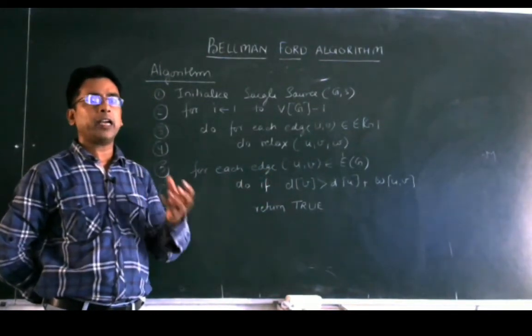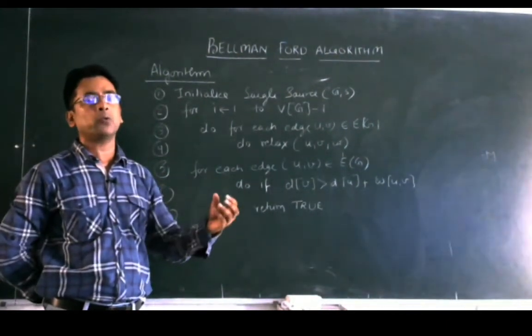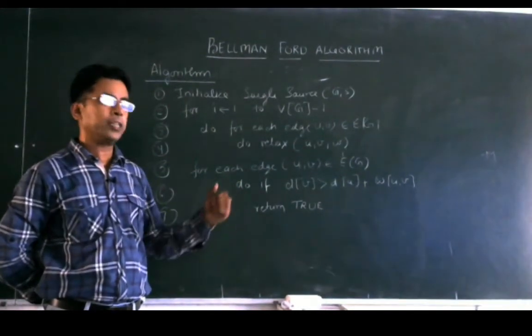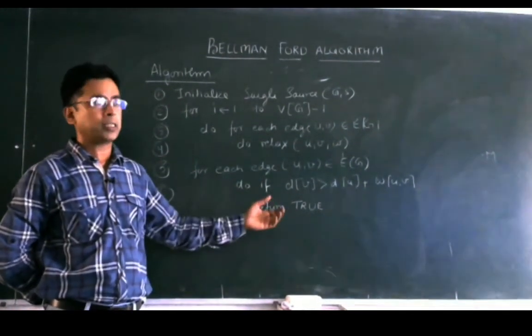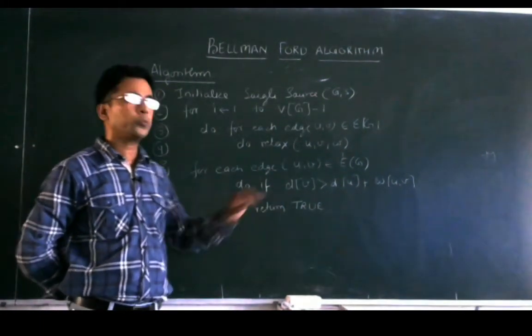Suppose a vertex has value 5 and it is connected through an edge of 3, and that reduces its value from 5 to 4, then in that condition we shall relax. But if it is increasing the value, then it is not relaxed.